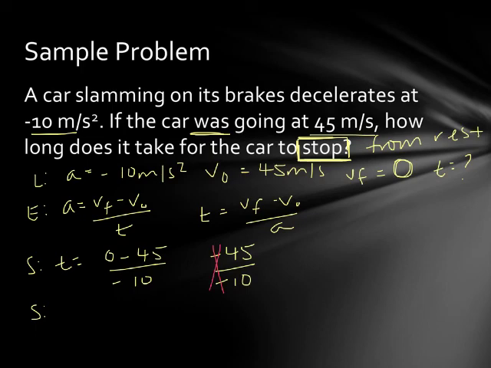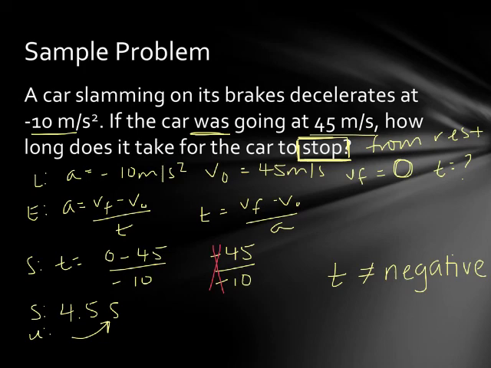All right. So we're going to have 4.5, and then our units, because we're solving for time, is seconds. Good rule of thumb to keep in mind when you're solving these sorts of problems: time can never be negative. All right, never a negative number. We can't go backwards in time. So you want to look out for stuff like this where your negatives cancel out.